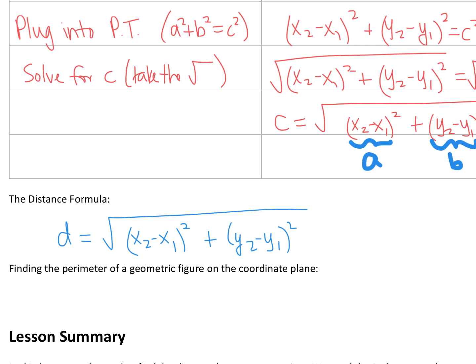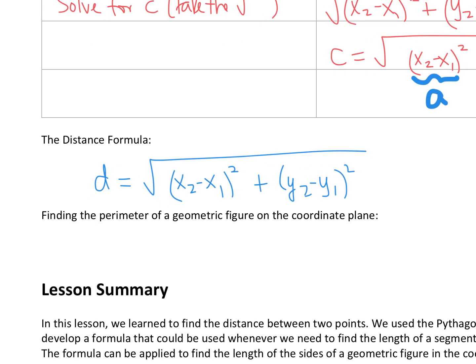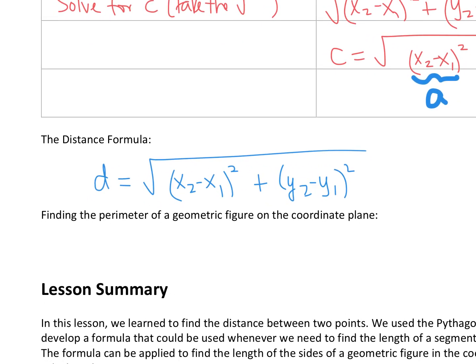And just one reminder about finding the perimeter of a geometric shape on the coordinate plane. You're just adding the lengths of all the sides. That's all you're doing. Add the lengths of all the sides.